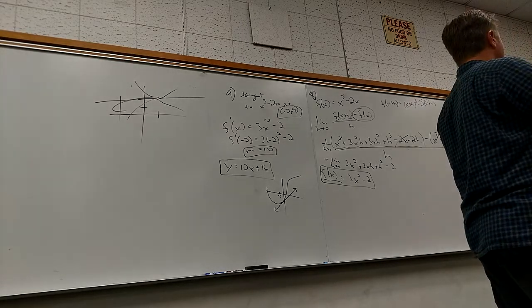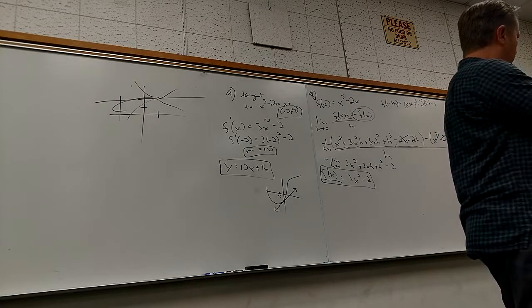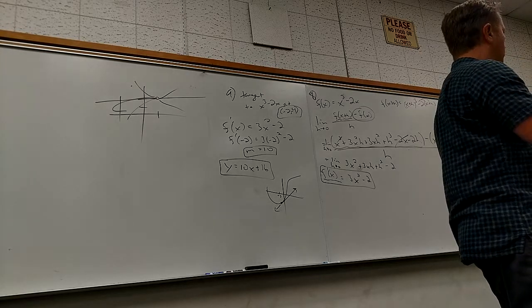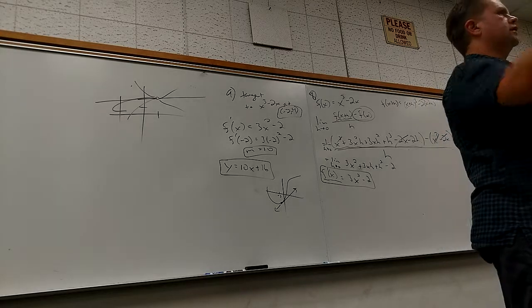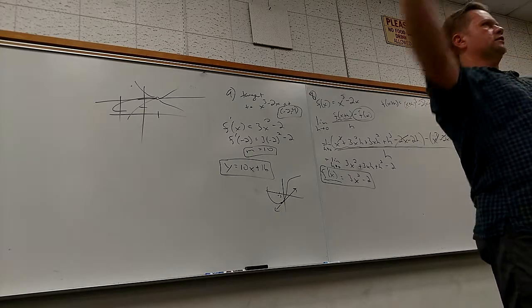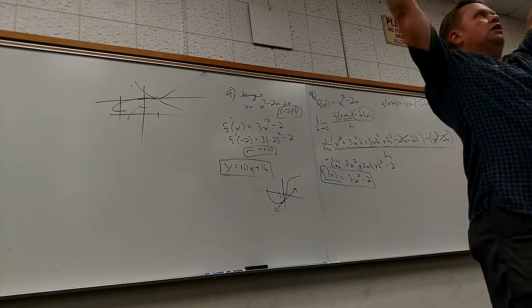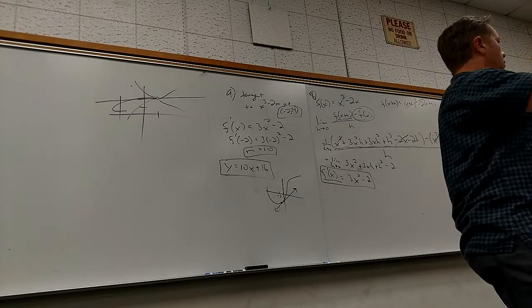So there's a lot of different answers, but at specific x's, certain things have to happen. The limit as x goes to 2 has to be 7, so I must see an open circle at 7, and I must have both sides coming to it. I don't care which way, right?